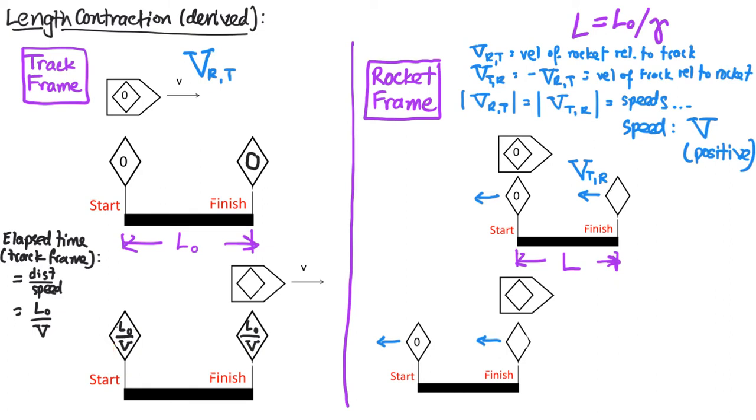The reading on the rocket itself is going to be smaller than that because the rocket's clock is moving, and so less than L naught over v will have ticked off on that moving clock. How much less? Well, that reading will be L naught over v divided by gamma. That's by time dilation.